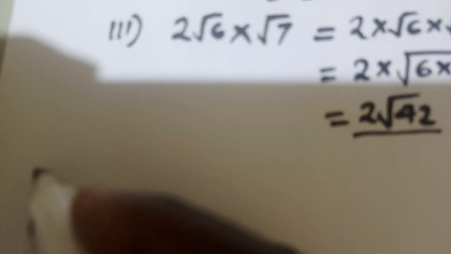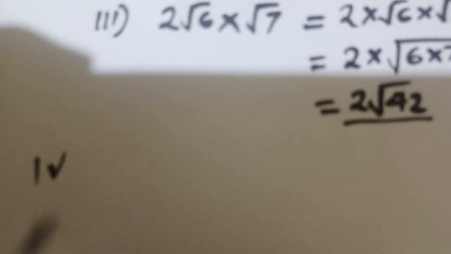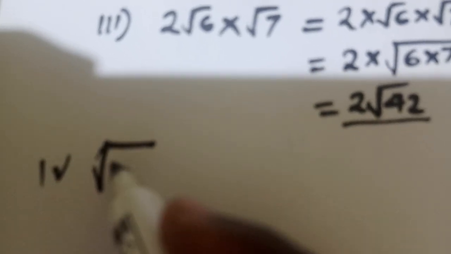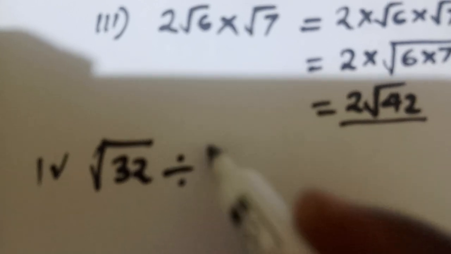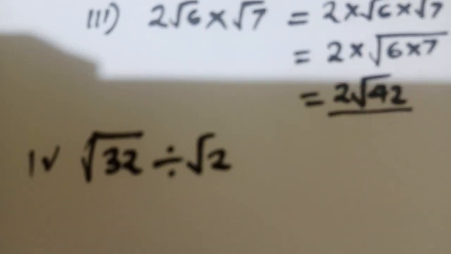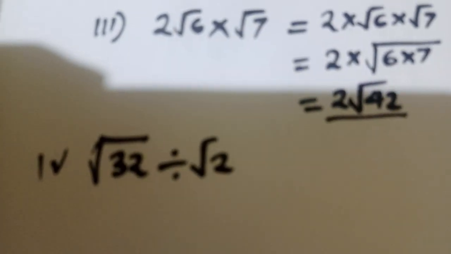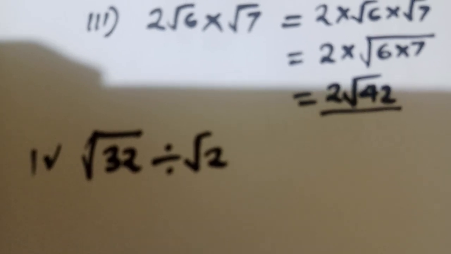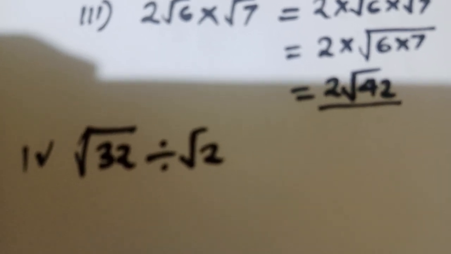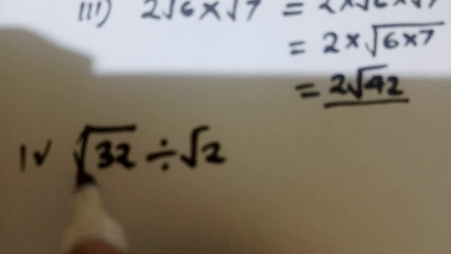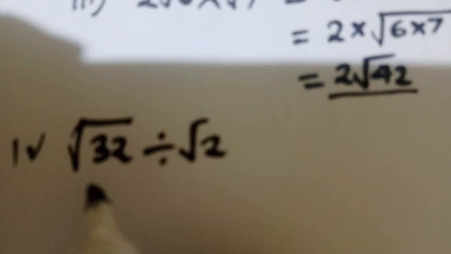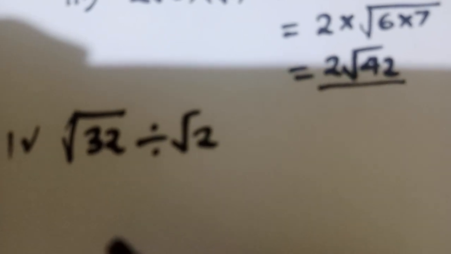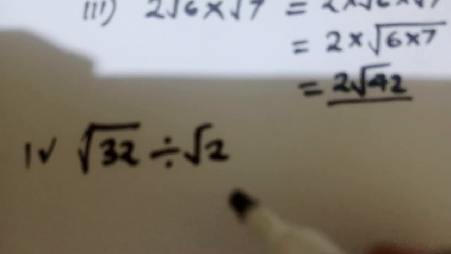Let's consider example 4. For instance, you are asked to work out root 32 divided by root 2. Again, as we had earlier said, the only condition is for the two surds to be of the same order, which is so far clearly evident in this case. Both are of order 2 in our case.